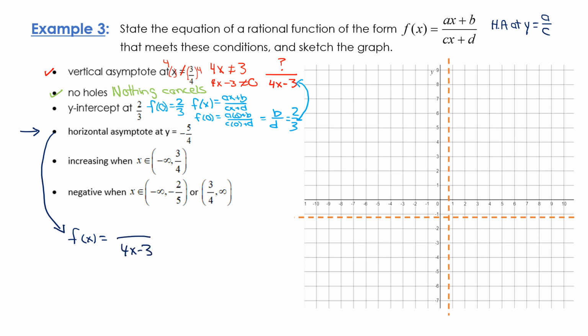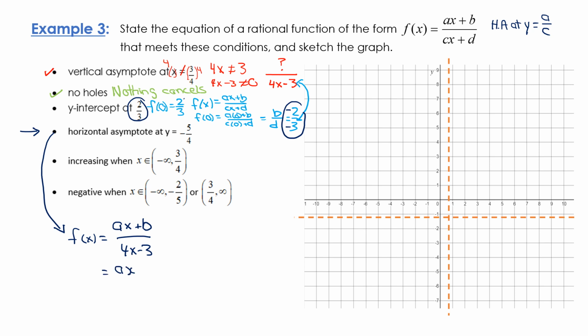Now if our b over d is, let me change this to ax plus b. We know from way up here, I'm circling the 2/3, we know that our d is 3, but we've got a -3 down here in our question. That means both of these are going to have to be negative in order to get a positive 2/3 for our y-intercept.